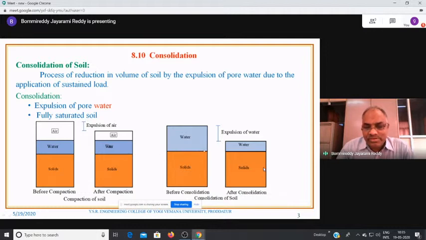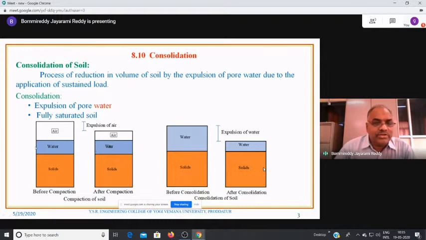In the case of consolidation, the soil must be completely saturated. There is no air present in the soil, and only pore water will be expelled from the soil, and some part of the water also remains. After consolidation, the volume of the soil gets reduced. So this is the overall concept behind the consolidation process.